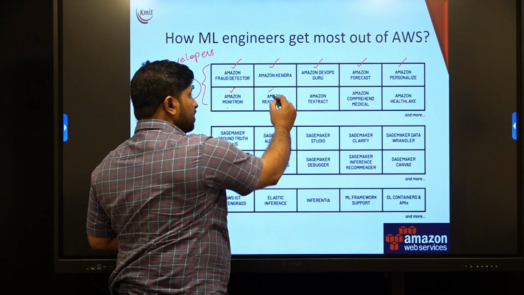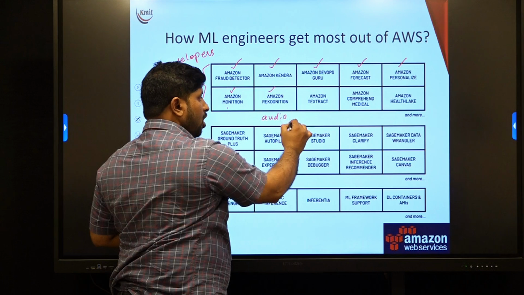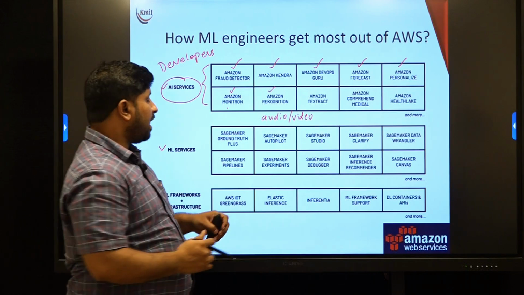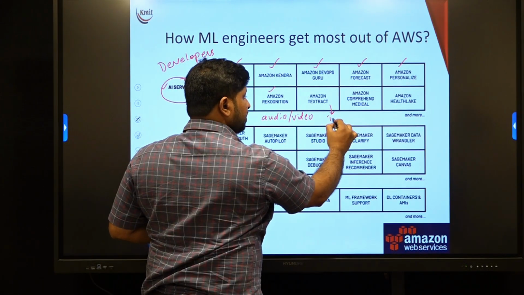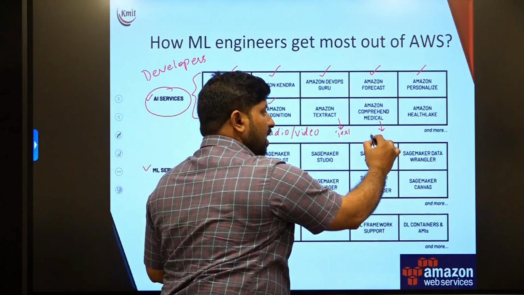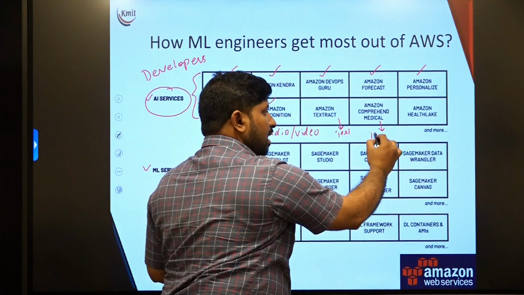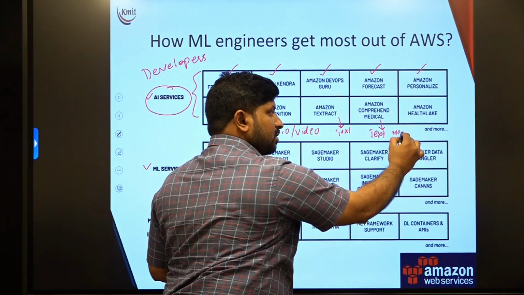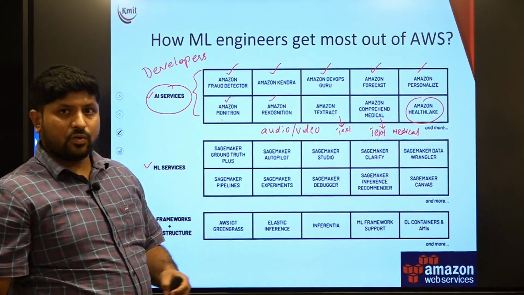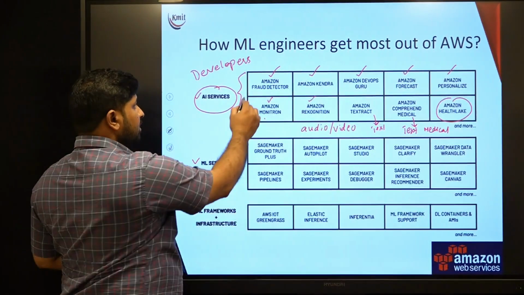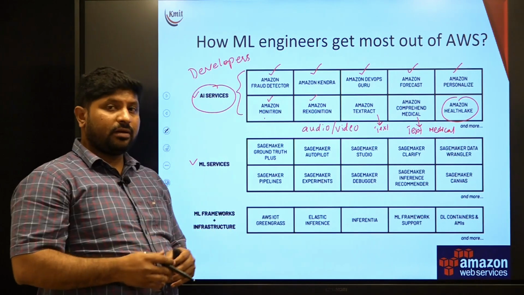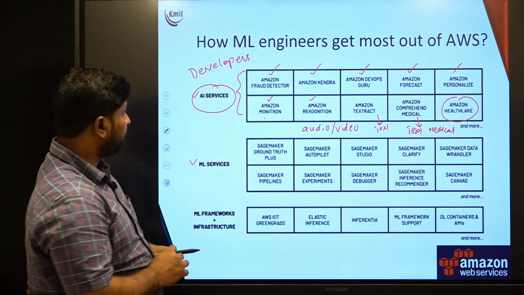At the same time, Rekognition, if you want to analyze audio or video content, then we will be using Amazon Rekognition. And if you want to extract text from a document, then we are going to use Textract. It will extract the text from medical records. At the same time, Health is related to the medical records itself. So all these are the services which will work automatically if you integrate them in your application as per the requirement.